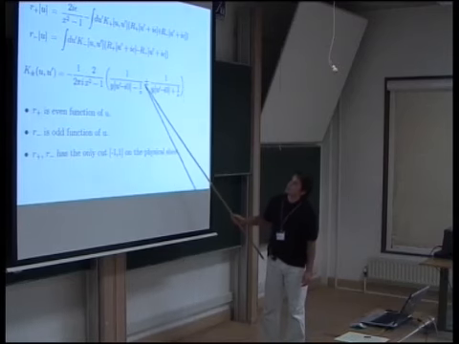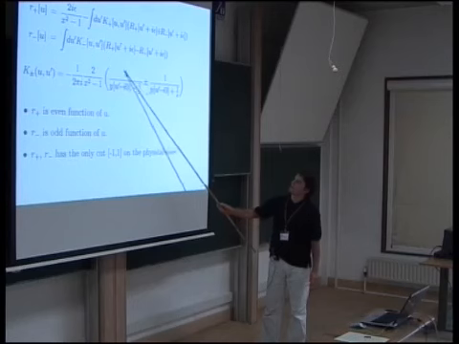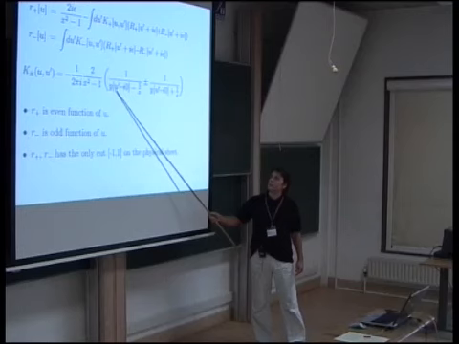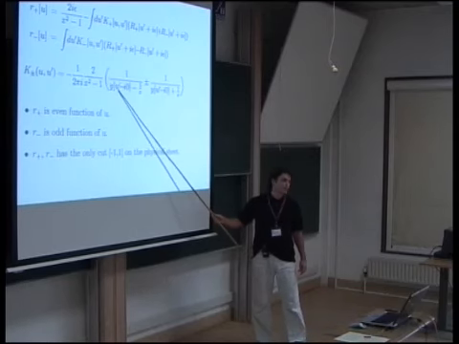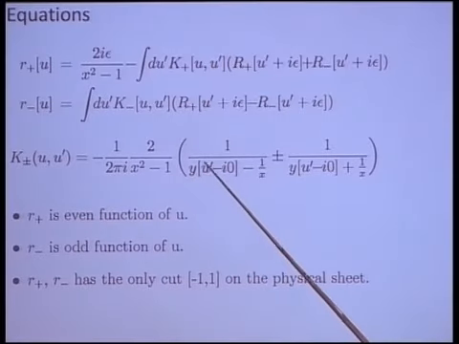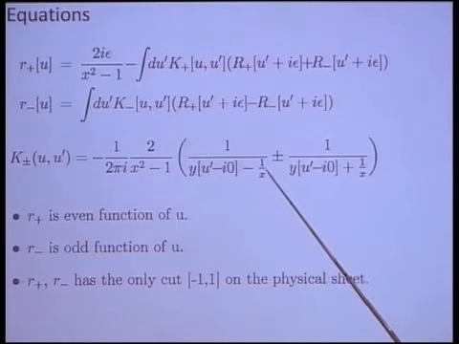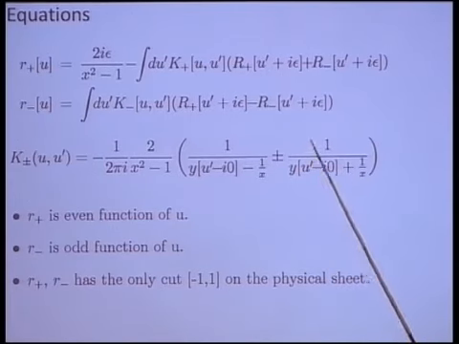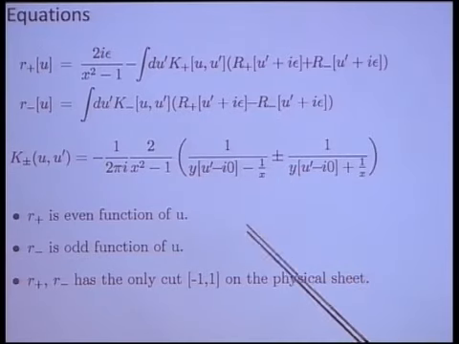The essential part of the resolvent is this multiplier. In the denominator, we have y. This is the Zhukovsky map of u prime, and it is always bigger than 1. And here we have 1 over x, which is 1 over the Zhukovsky map of u. 1 over x is always smaller than 1, except on the cut.